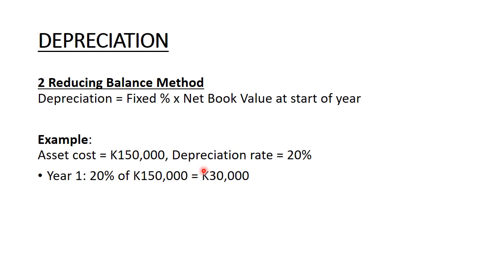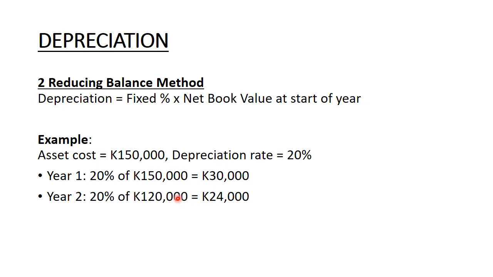So after 1 year, it loses 30,000, meaning that the following year it will have a value of 150 minus 30, which is 120. It was 150, it has lost 30, so its new net book value is 120,000.